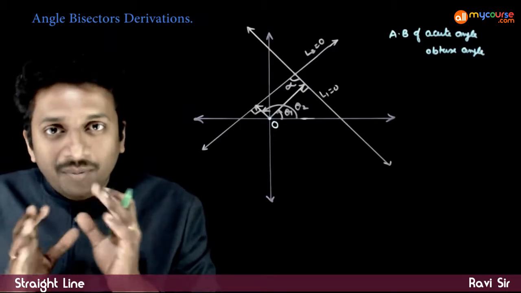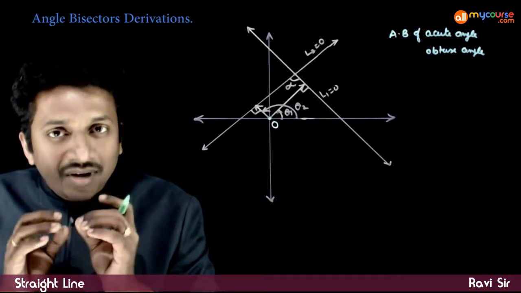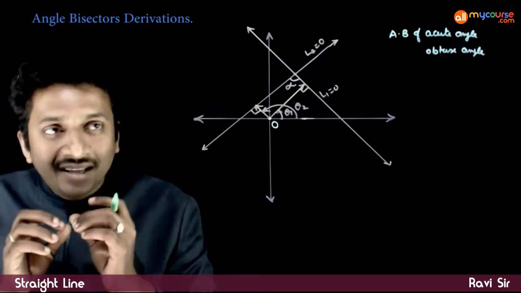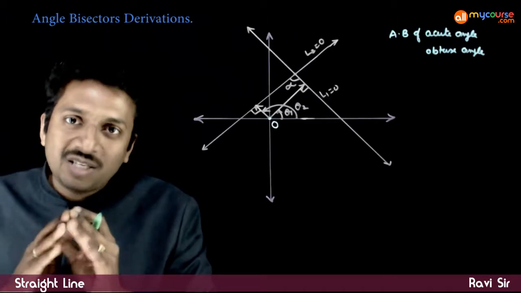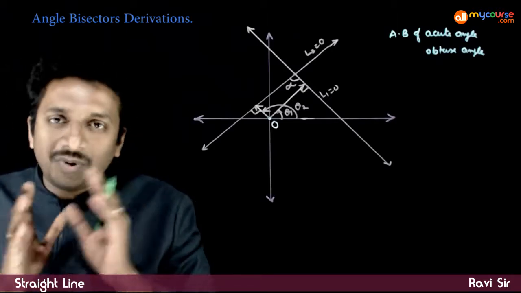So to find the acute and obtuse angle bisector, I just try to find in which angle my origin is lying. Is my origin lying in the acute angle or the obtuse angle?